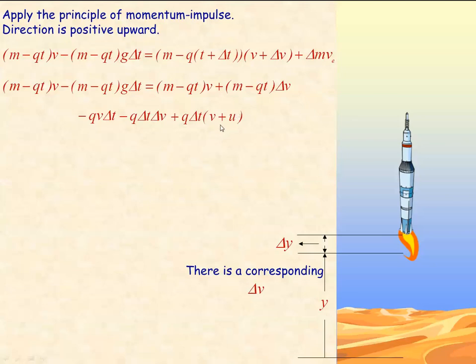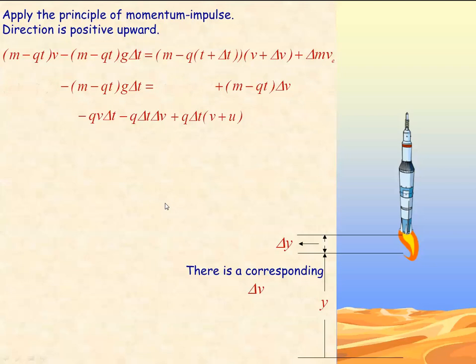When you look at this, you'll see that the relative velocity is a negative number, which turns this all into a negative number as well, because the exhaust is being expelled a lot faster than the speed of the rocket. So we start simplifying this out. You notice that (M minus QT) times V and (M minus QT) times V go away.